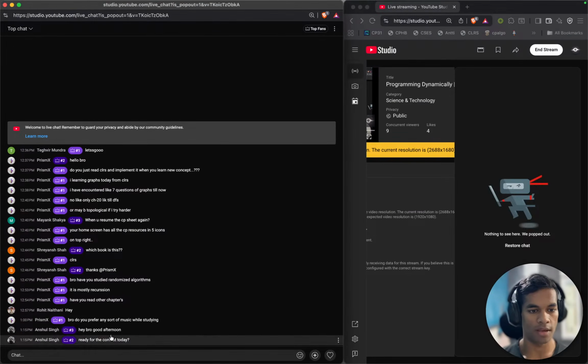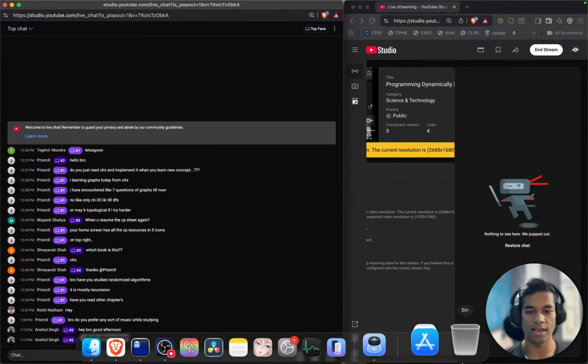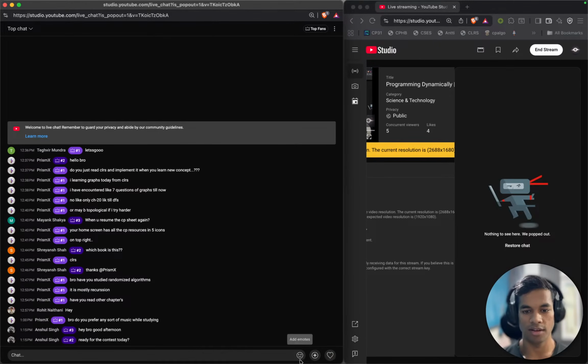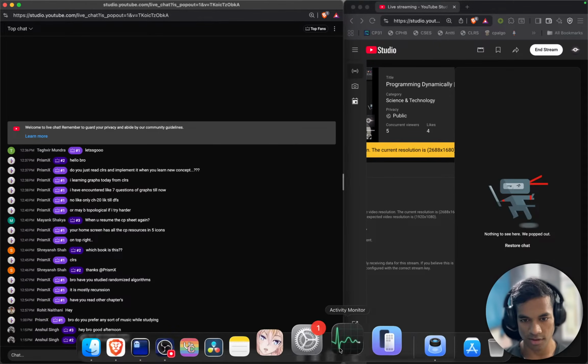Okay, before moving to this part, ready for the contest today? Yes. Good afternoon. Hello. And yep, the contest, I will be giving it unrated because it is Division 4, and in Division 4 a lot of people cheat. So I do not want my rating to just be like stocks in a market, like this thing, activity monitor.